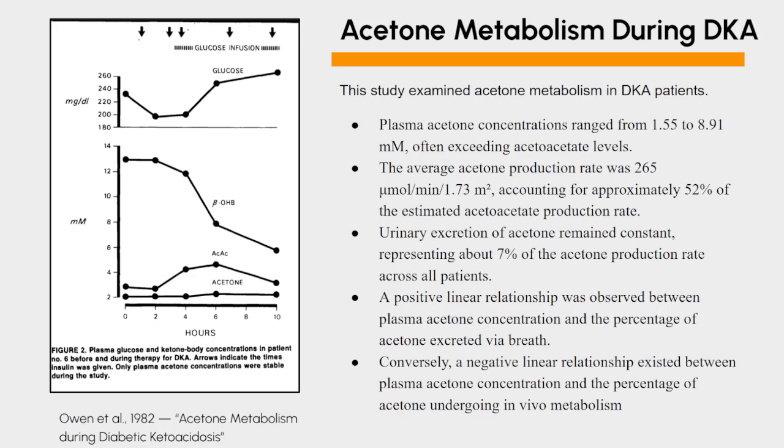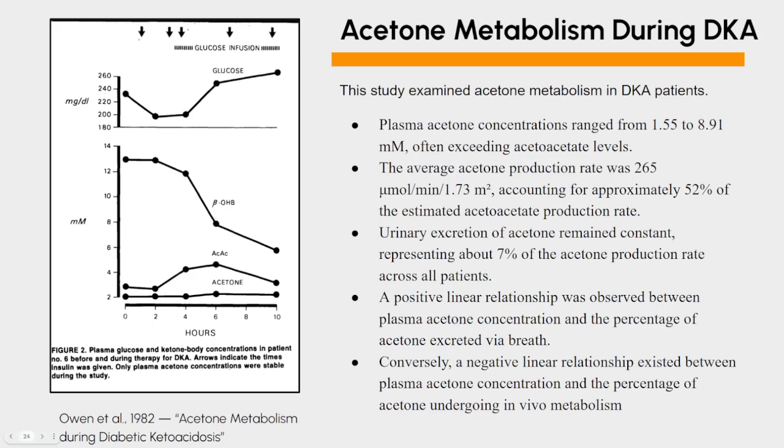Acetoacetate is shown in the figure as ACAC. The average acetone production rate was 265 micromoles per minute per 1.73 meters squared, accounting for approximately 52% of the estimated acetoacetate production rate.